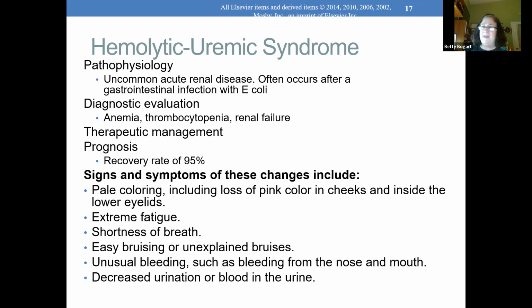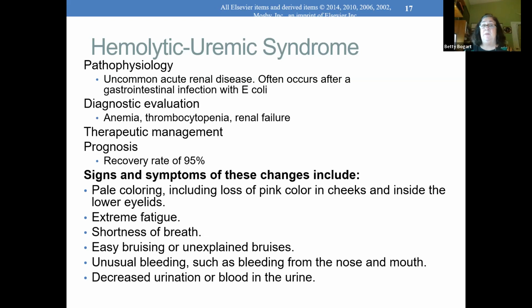Now, thrombocytopenia, think of platelets and bleeding, right? Any low platelets, we're going to put on watching for bleeding. And that's exactly what you're going to see with these children: bleeding and bruising.